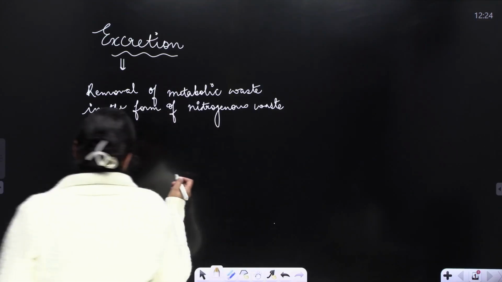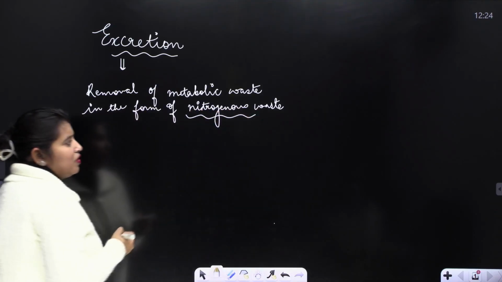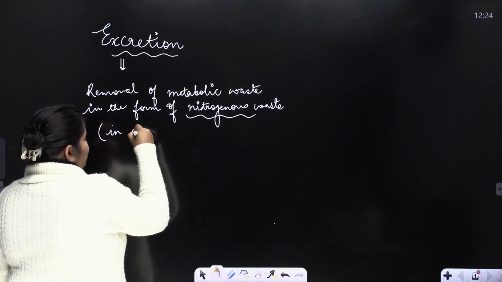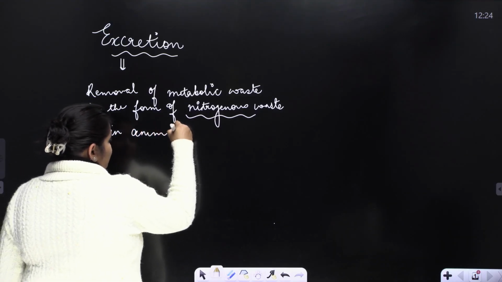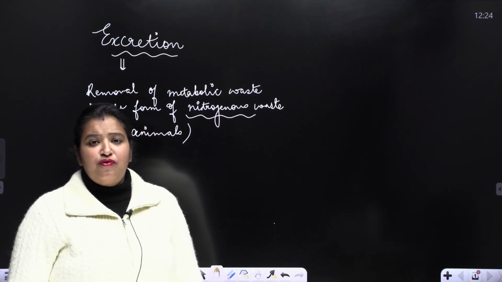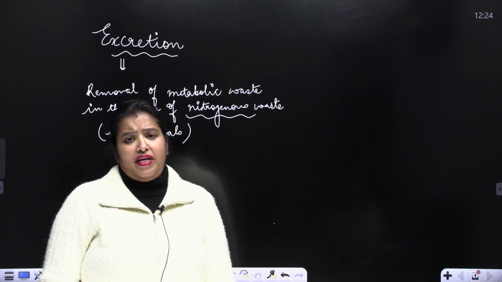Now, when I say excretion, we will always correlate this word with nitrogenous waste in case of animals. What about plants? Do plants remove waste in the form of nitrogenous waste? All right.